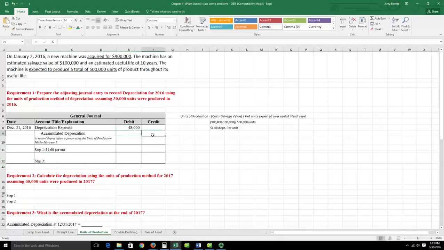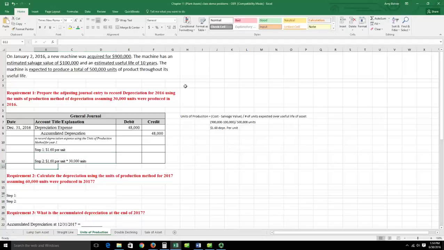That's the amount of depreciation we're going to be able to take for this asset using the units of production method: $1.60 per unit times the 30,000 units. And that's for 2016.